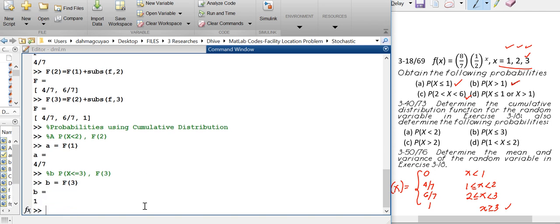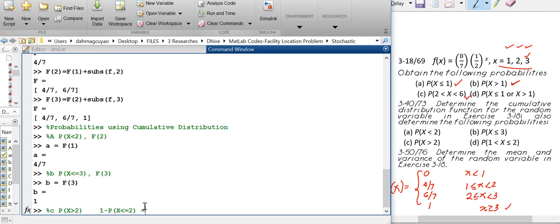Next, greater than 2. So for the probability of x greater than 2, that is the complement, 1 minus the probability of x less than or equal to 2.